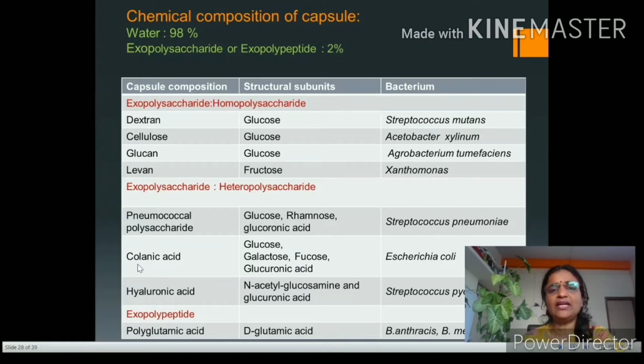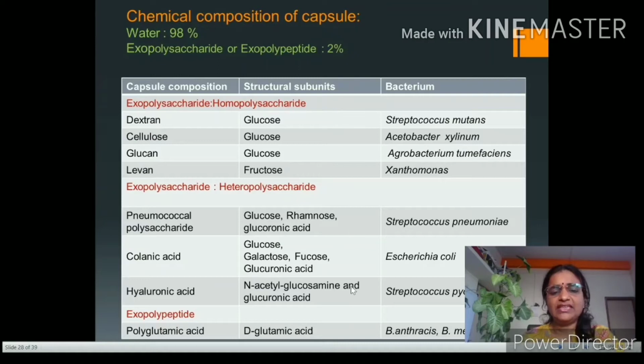In Escherichia coli, colanic acid is there. It is made up of glucose, galactose, fructose, glucuronic acid. Along with this, Streptococcus pyogenes consists of hyaluronic acid as its capsular polysaccharide. It consists of N-acetyl glucosamine and glucuronic acid as the subunits. So these are three bacteria having heteropolysaccharide in their capsule: Streptococcus pneumoniae, Escherichia coli, Streptococcus pyogenes.